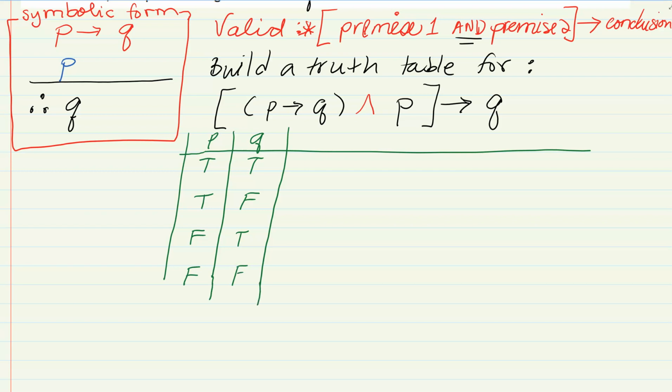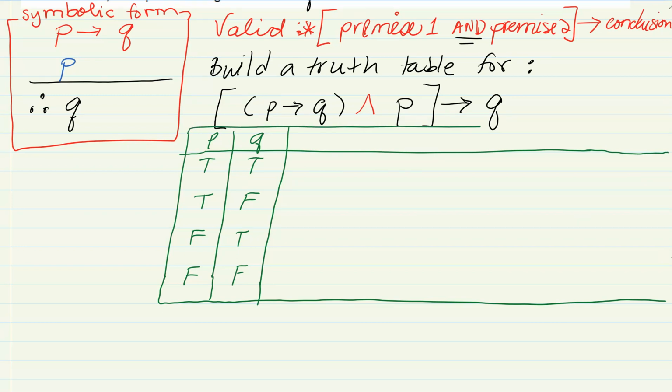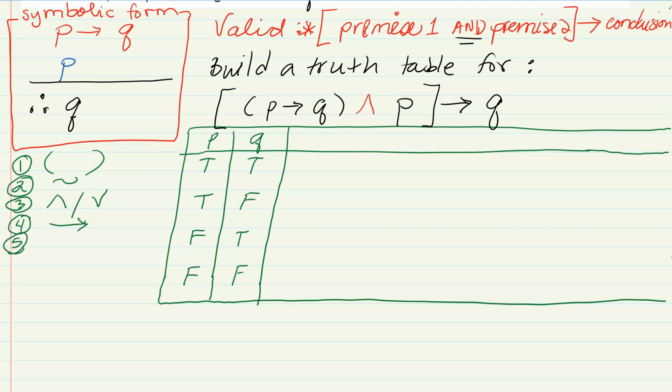Those are your 4 combinations of truth values. Then we build the truth table for that compound statement, paying attention to the order of operations. Remember, the order is 1, parentheses, 2, negation, 3, and/or, 4, if-then, and last, if and only if.